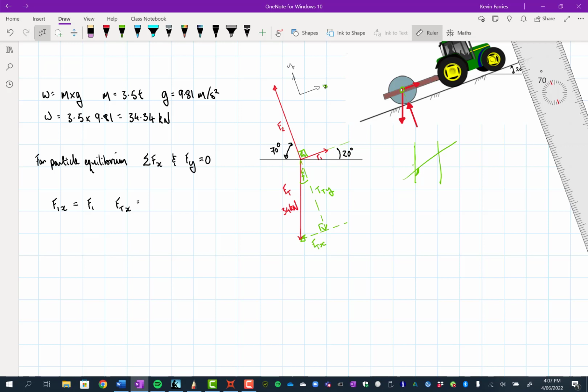This angle here is the same as that angle there. We know this is 70, therefore this angle here must be 70. We also know this is 90 degrees because this is horizontal and gravity is going straight down. So this here must be 20 degrees.